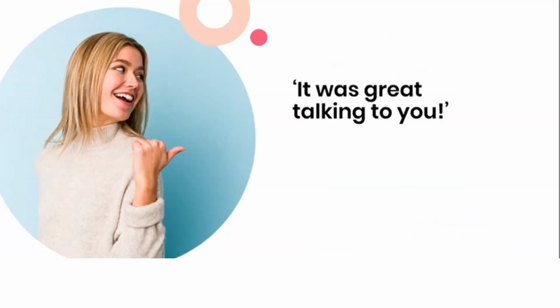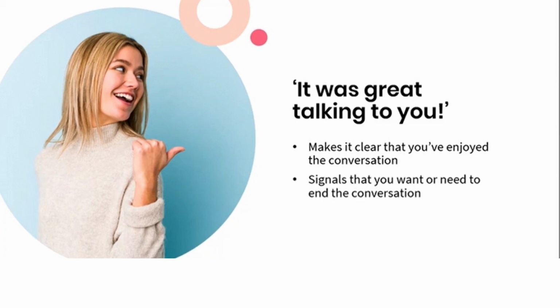Firstly, you can say, "It was great talking to you." You can use this phrase to make it clear that you've enjoyed the conversation. It automatically signals that you would like the conversation to end, but it comes across as polite.